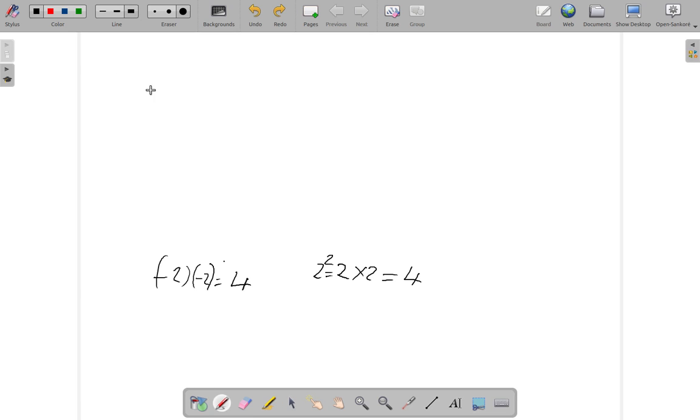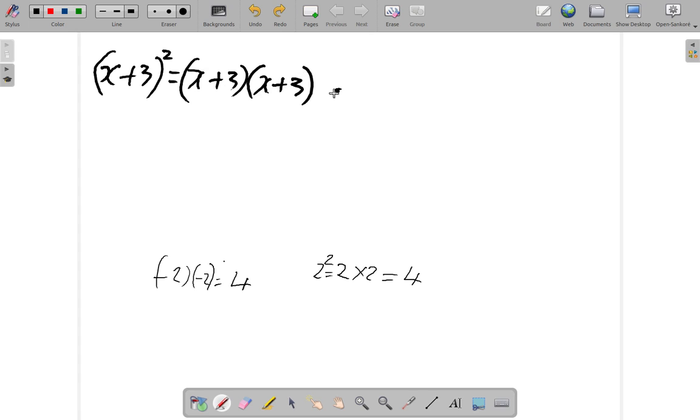So I have x plus 3 all squared is equal to x plus 3 times x plus 3, which is x squared plus 3x plus 3x plus 3 squared.